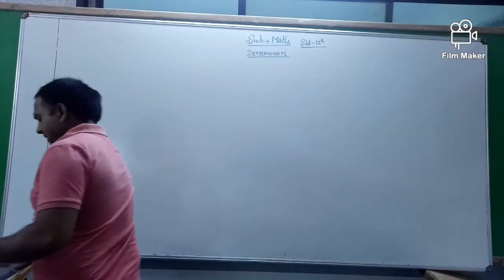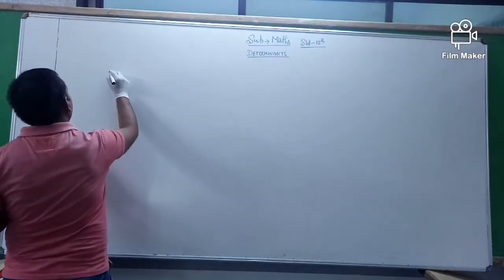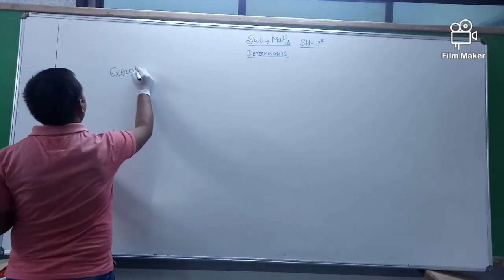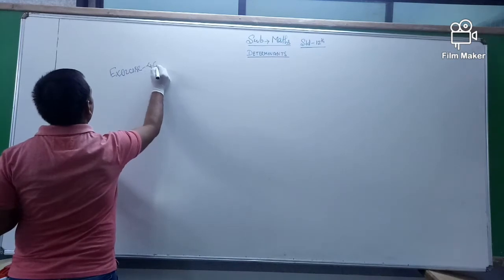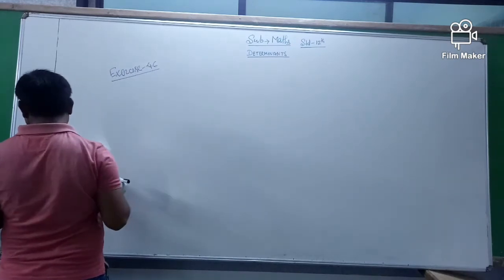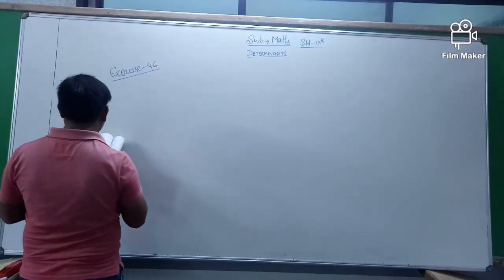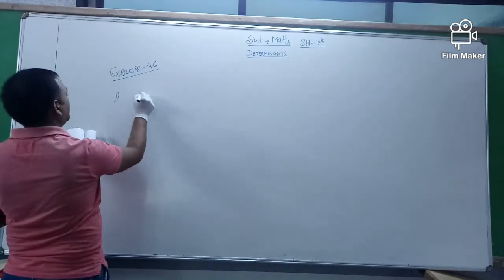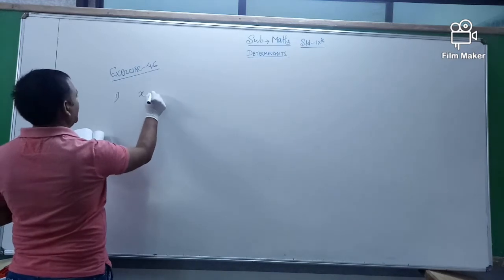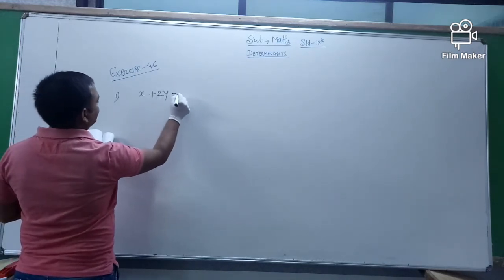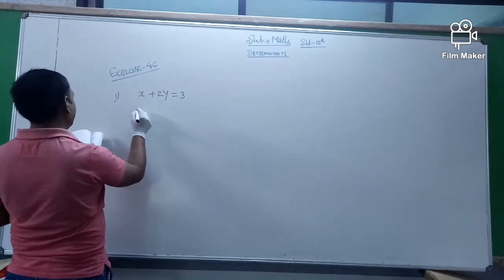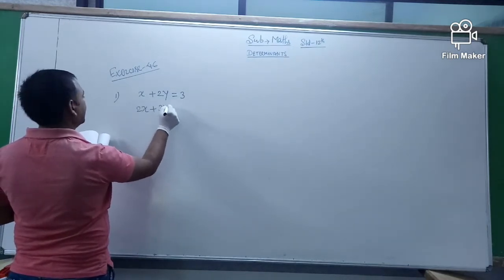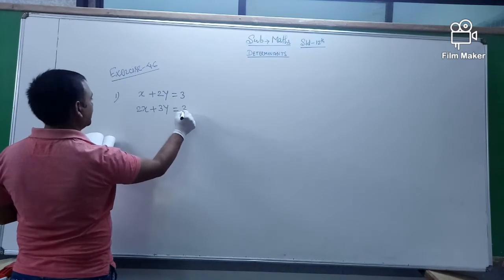Here, exercise 4.6, the first question. This is a 2 by 2 system: x + 2y = 3, and 2x + 3y = 3.